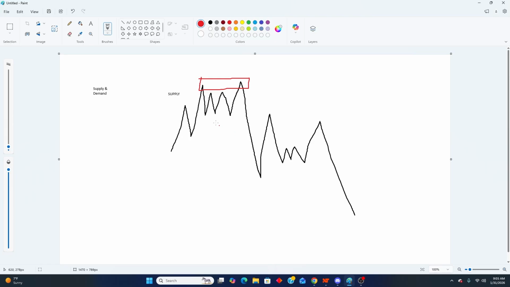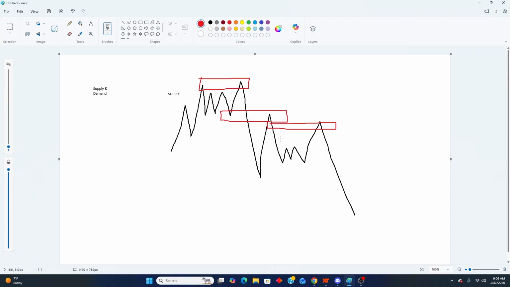Price got in there, dropped. Aggressive selling, you come again, get in there, drop. Up here, get in there, it's going to drop. This looks ugly. It may look like just regular support and resistance plays.